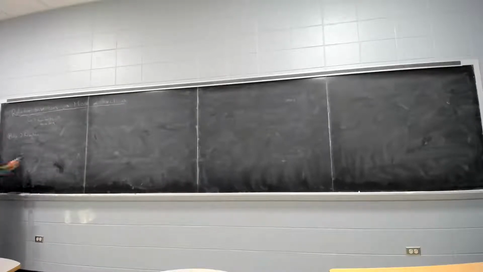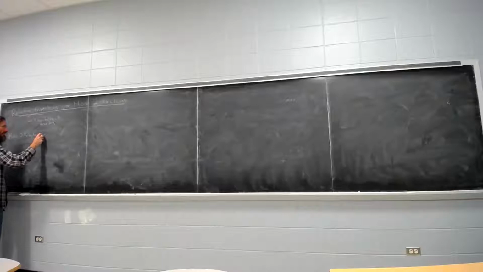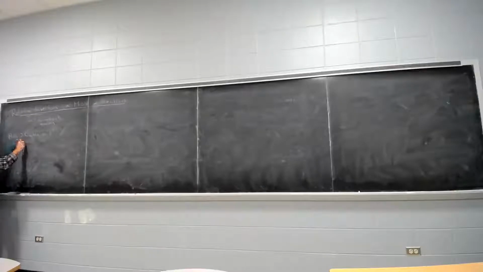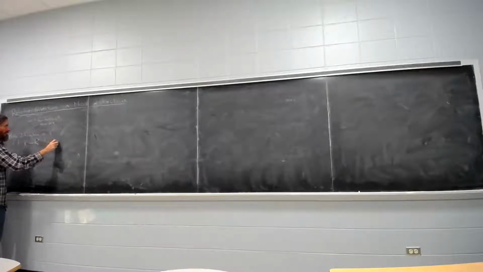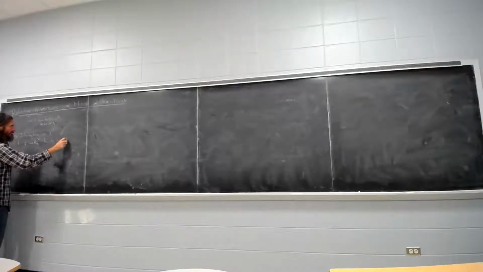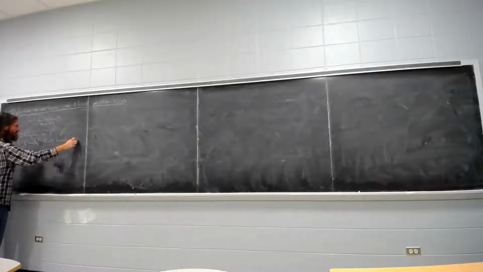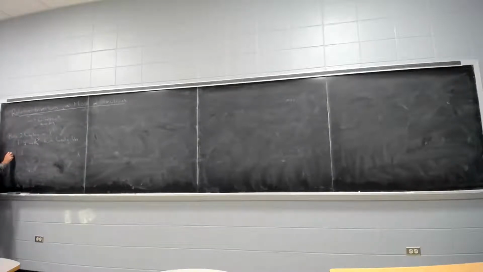So a Morse 2 function on X is f from X to R2, which looks locally like one of these models. Either it's just a regular point, so it just looks like a submersion from R4 to R2.